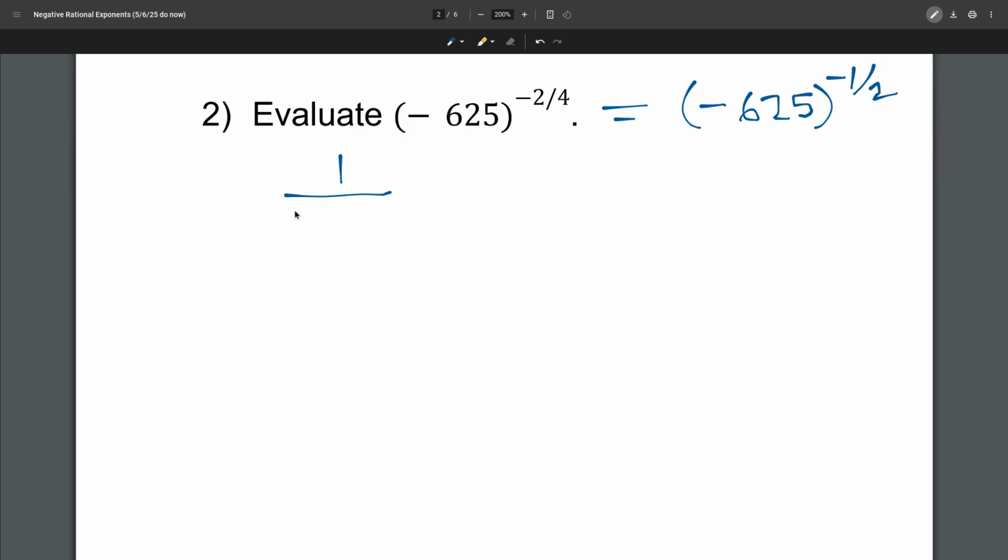And then what I can do is 1 over negative 625 to the 1/2 power. Now, this isn't going to give me a real number. This is undefined. You could put an imaginary number here, but for the purposes of this video, we're going to leave it as undefined here. So if you put this in a calculator, most calculators will give you undefined.